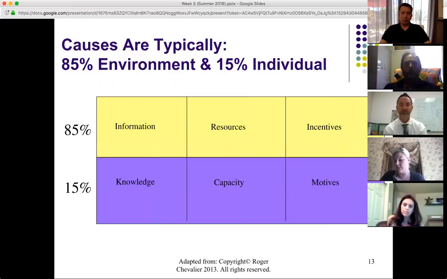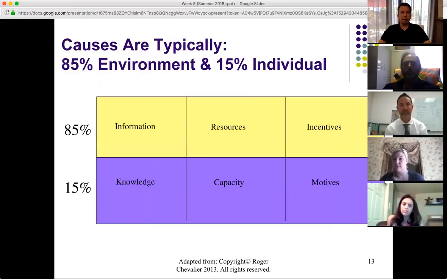So that one individual that I was talking about with the capacity problem, he would be part of the minority, right? The 15%.